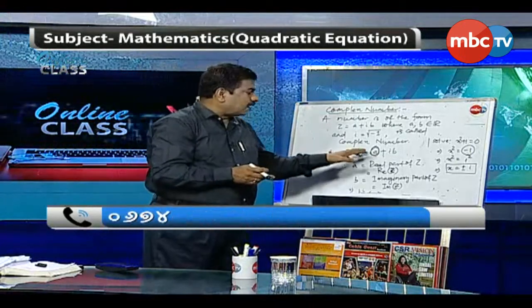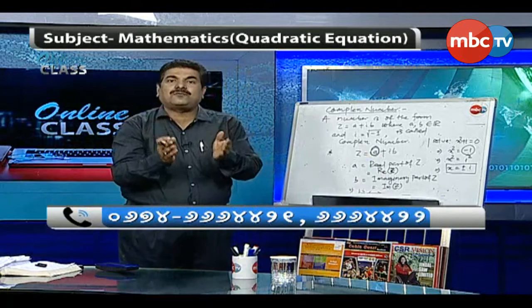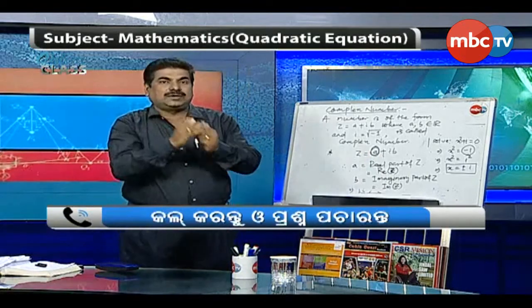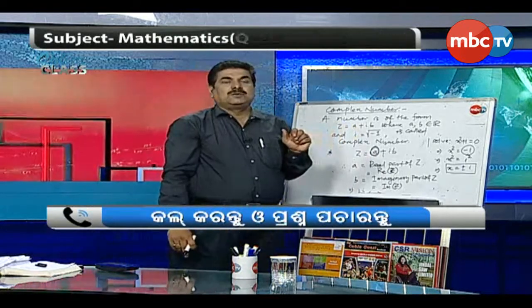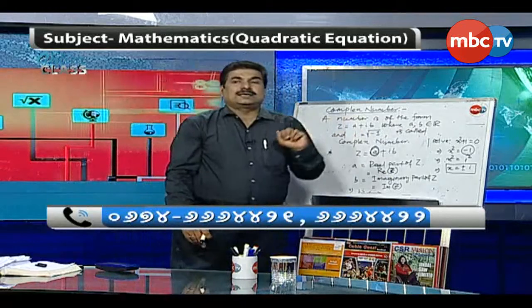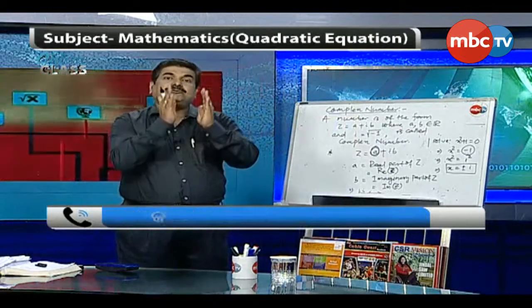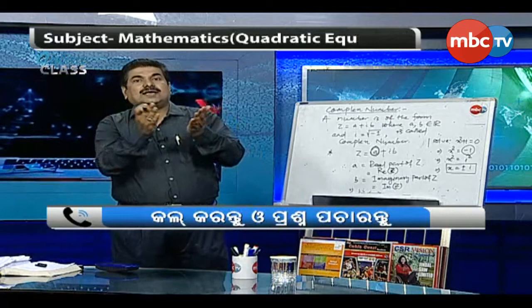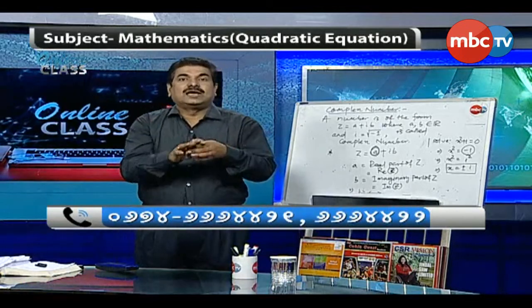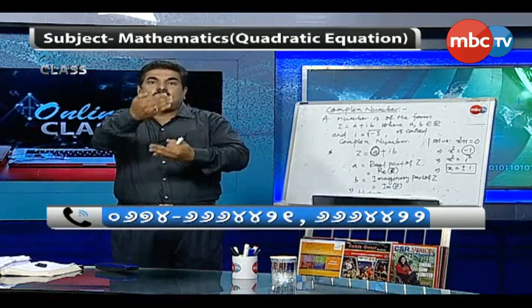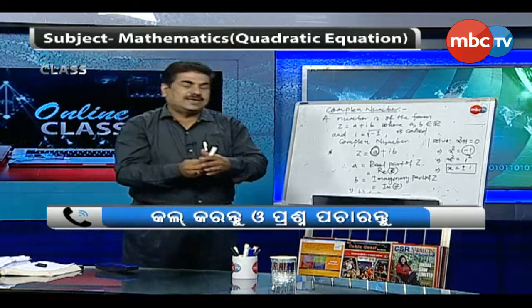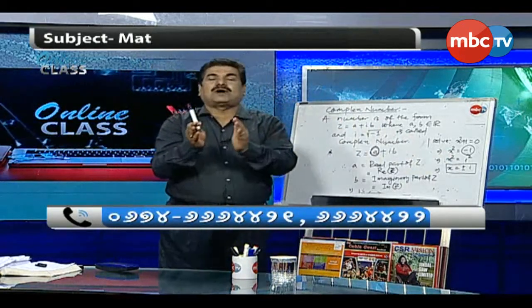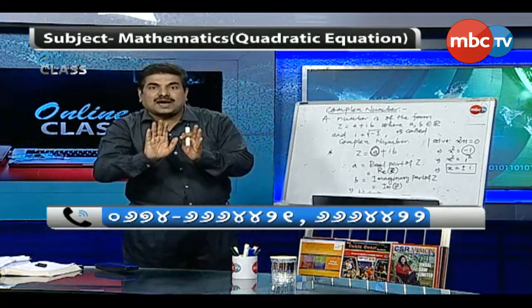Here you see the complex number which is in the form of a plus ib. Why am I discussing this? Because we know that in case of a quadratic equation, if d is less than 0, then it has complex roots. If those complex roots are conjugate to each other, that means if one value is i, then the other one is minus i.